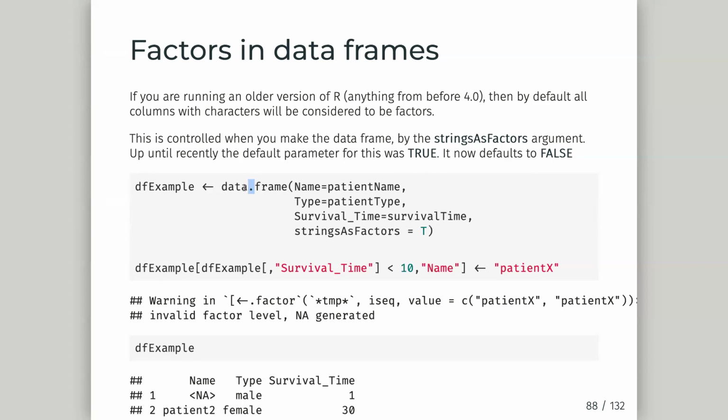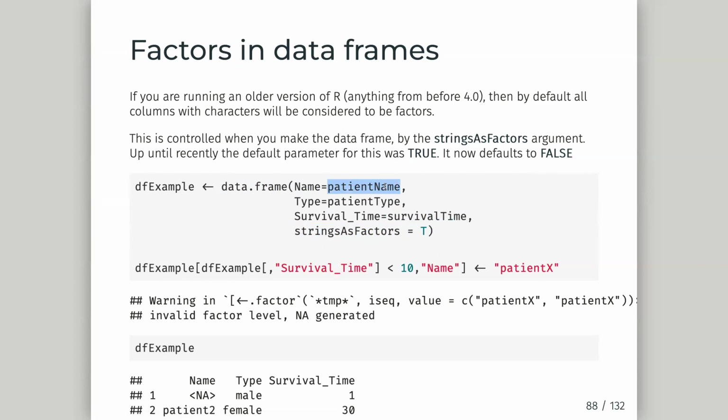We can explicitly say data frame, and when we give it these columns, we want data, patient name, patient type, survival time, we can explicitly say strings as factors. In this case, every column which is strings, whether it's a factor or a vector, it's going to force it into a factor. That may be useful for you.